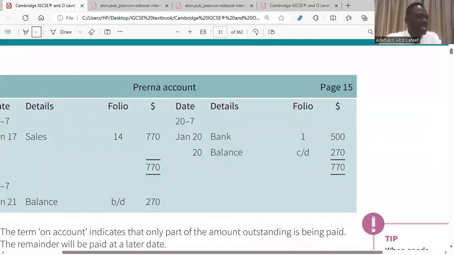As soon as Prerna pays, Prerna is going to be on the credit side because Prerna paid money, either cash or bank. So if Prerna pays cash, our cash account will have a debit. And if it is bank, our bank account will have a debit for Prerna. And Prerna will have bank or cash as a credit for that amount paid. Then you can balance the account. Do you get it? Yes.